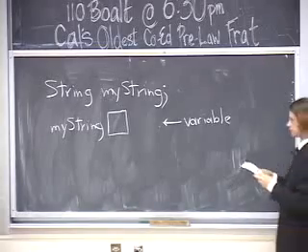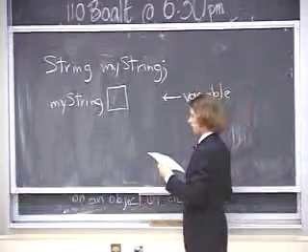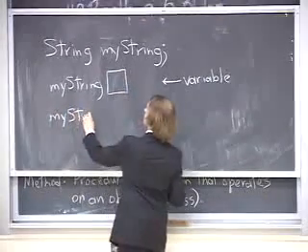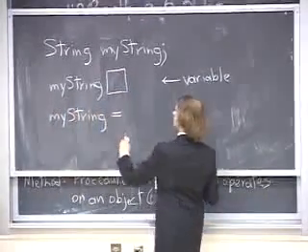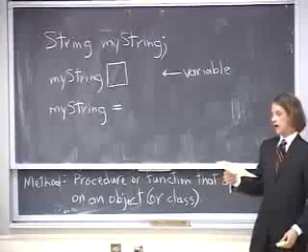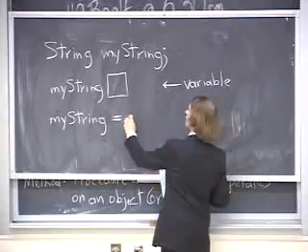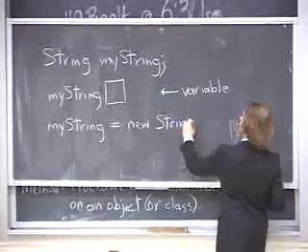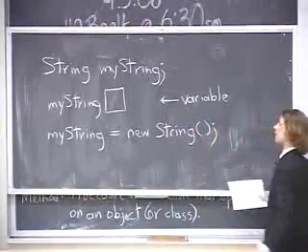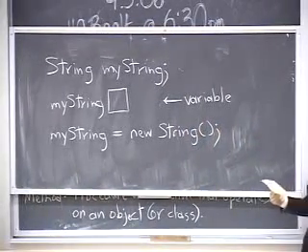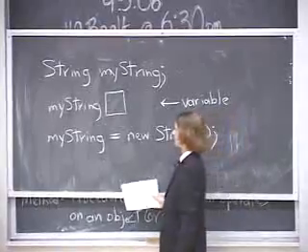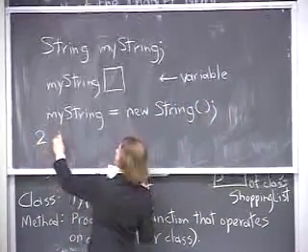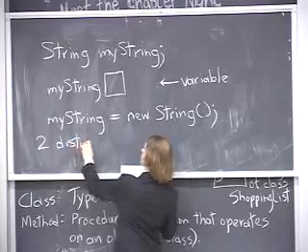But now that we have a variable and we know what its type is, namely string, we can create a brand new string object and assign it to the variable myString. This line of code does two distinct things.